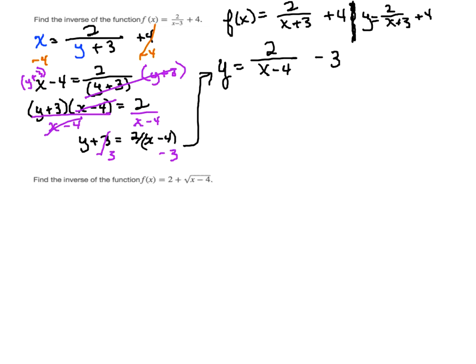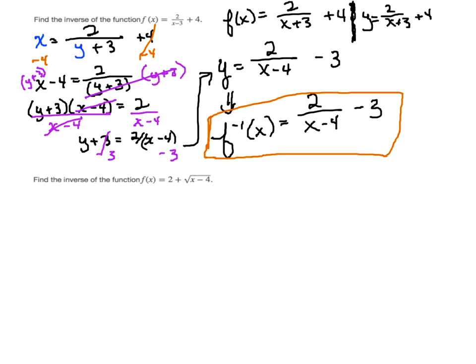But once you have verified by composing both ways, you can then say that this is actually f inverse of x, 2 over x minus 4 minus 3. So that's how you do it. You flip-flop your x and your y, solve for y, rewrite as f inverse.